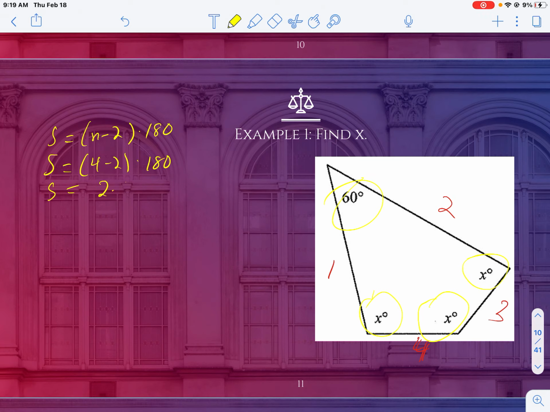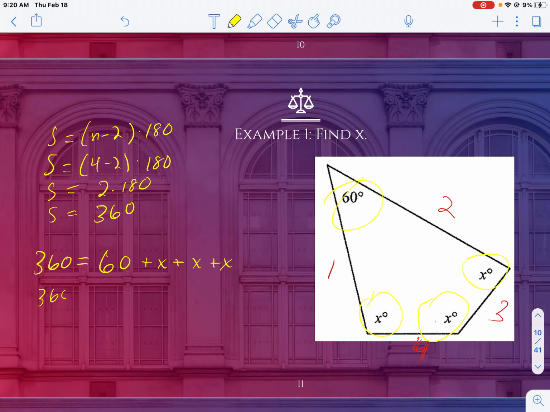The sum is 2 times 180, and the sum is 360. So the sum of all these angles is 360. I also know the angles are 60 plus x plus x plus x. So the total measure of all the angles is 360, and the interior angles are 60, x, x, and x. I just set those equal to each other.